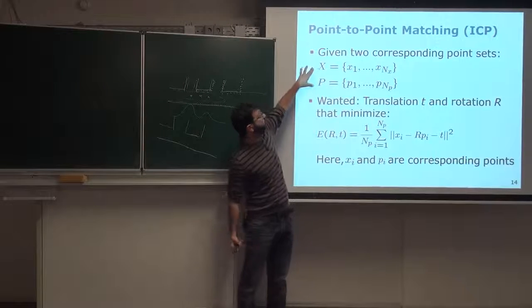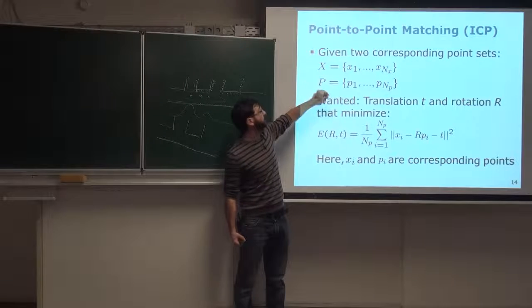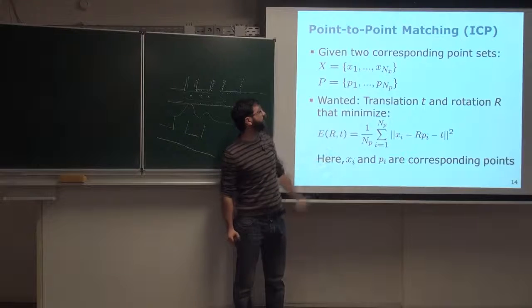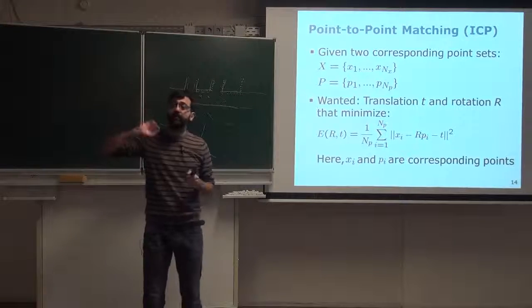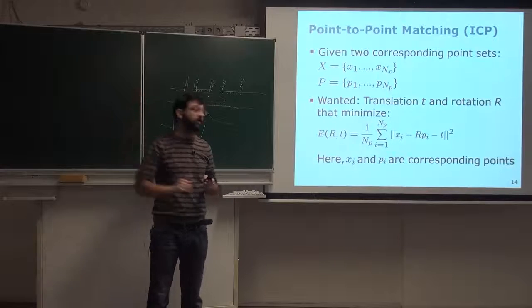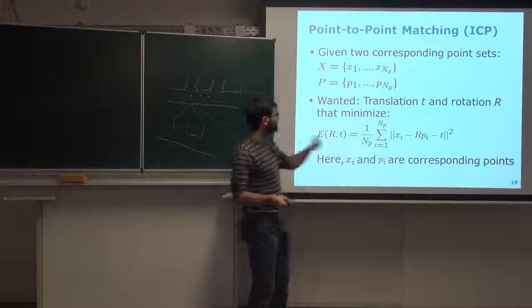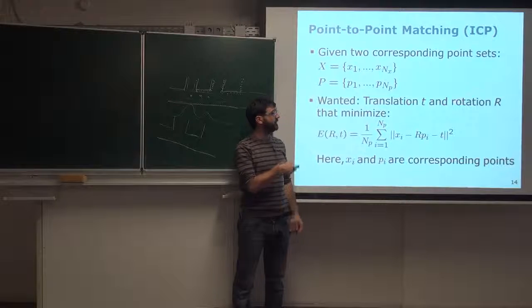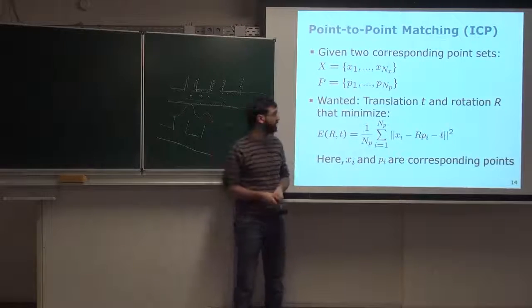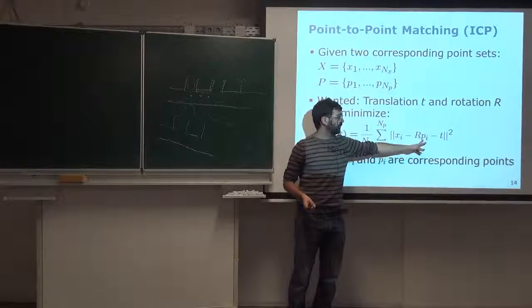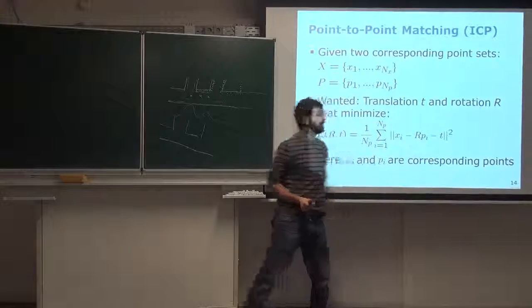We have two point sets, okay? The first point set X, the second point set P, and each of them is just a set of points, XY coordinates or XYZ coordinates. What we want is a translation and a rotation, so a rotation matrix and a translation vector, that aligns X with a transformed P, okay?